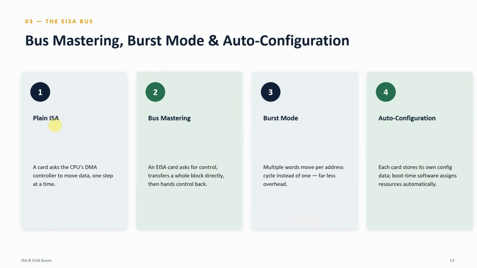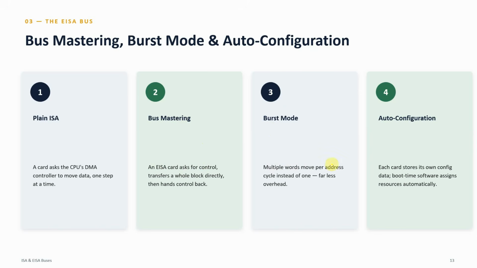So basically, in the case of plain ISA, a card asks the CPU DMA controller to move data one step at a time. With bus mastering, an EISA card asks for control and transfers a whole block directly, then hands control back. Now, burst mode we have also seen in the AHB protocol and AXI protocol. So EISA also supports burst mode.